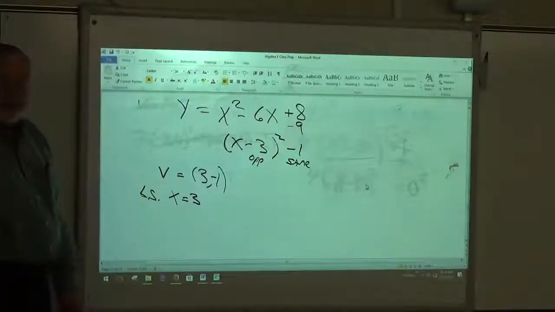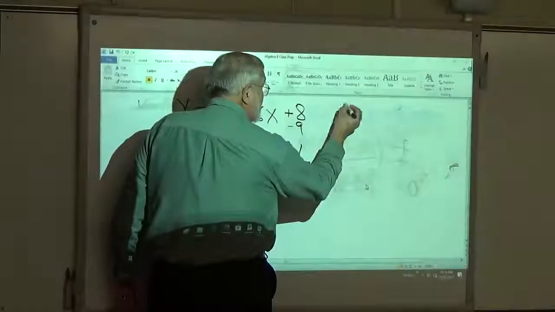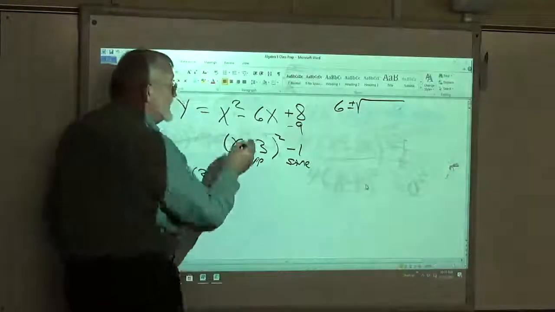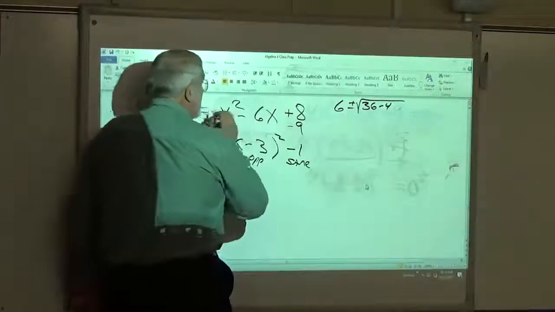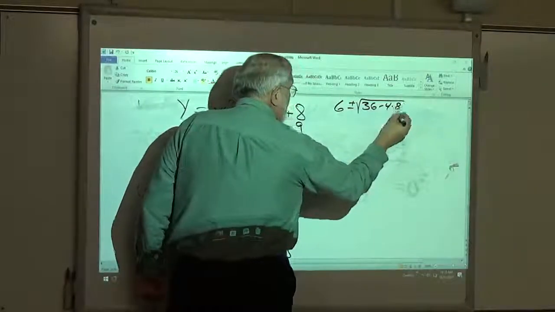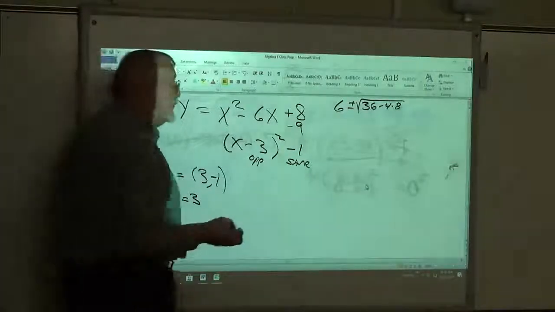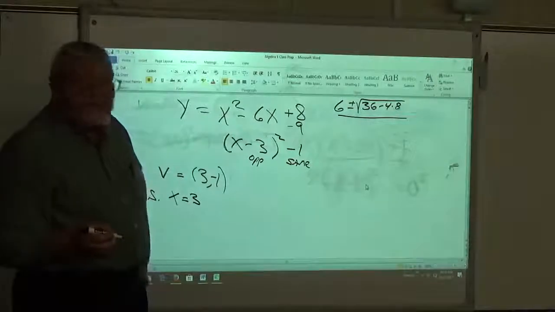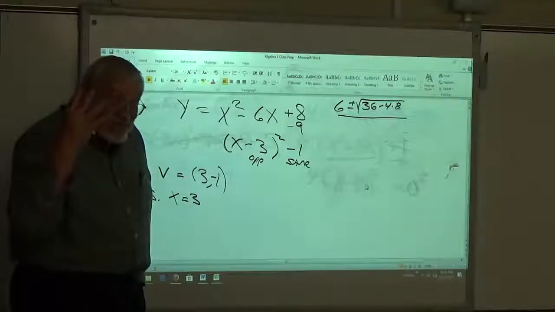Now, what's the solution? The solution is using the quadratic formula. So it's the opposite of b, 6, plus or minus the square root of 6 times 6, 36, minus 4 times 8. Anybody know 4 times 8? 32. So 36 minus 32 is 4.